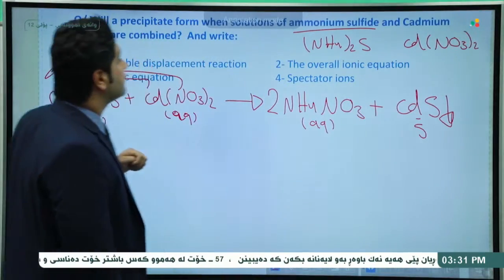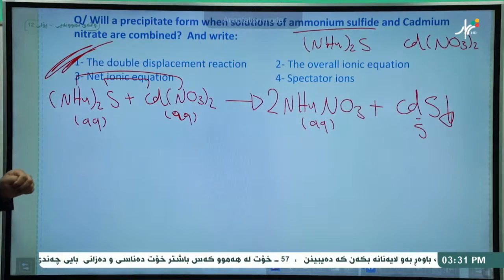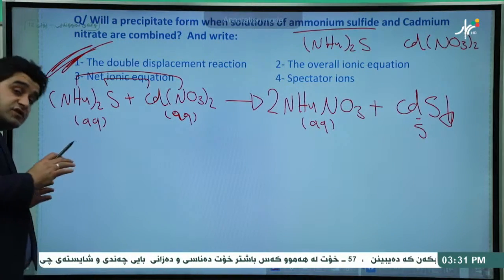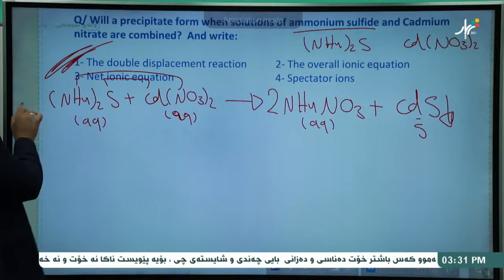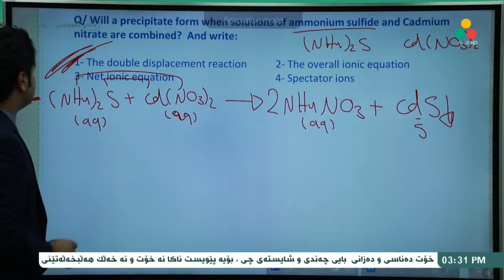How can we write the overall ionic equation? Okay, we have to dissociate all the aqueous compounds.